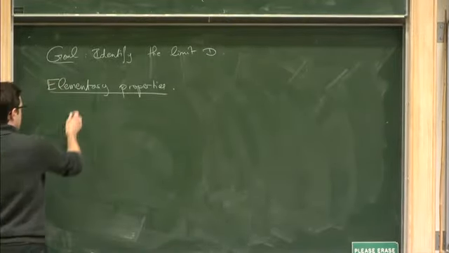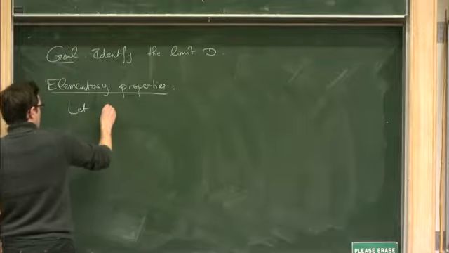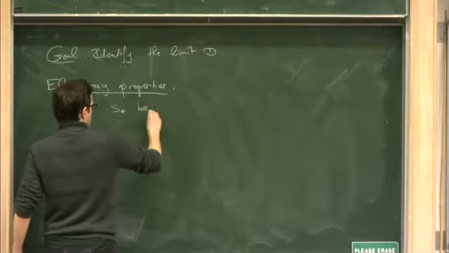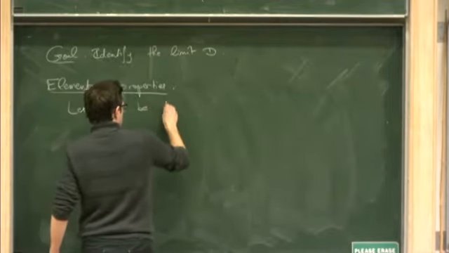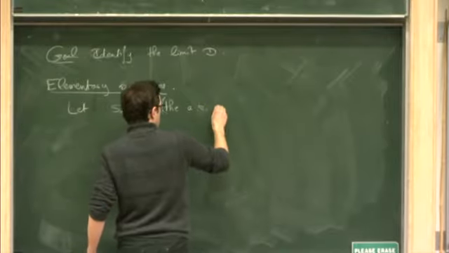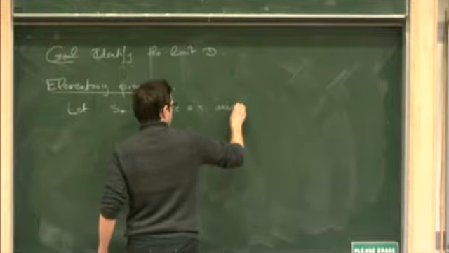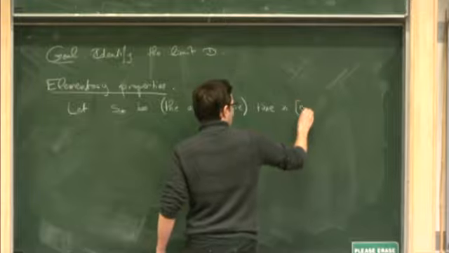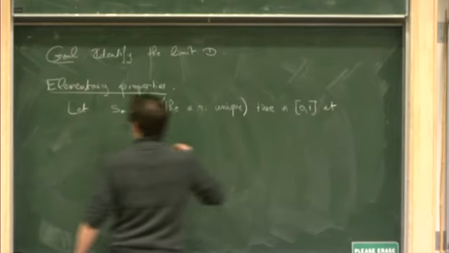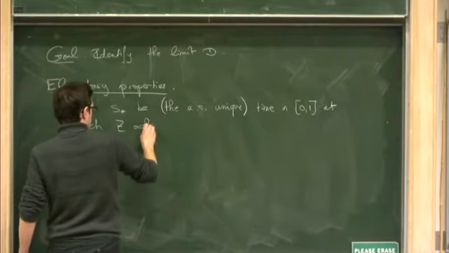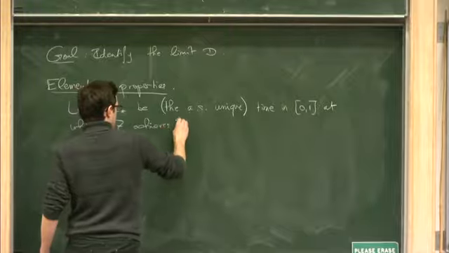So first of all, let s star be the time in [0,1], in fact it turns out to be almost surely unique, at which Z achieves its minimum.